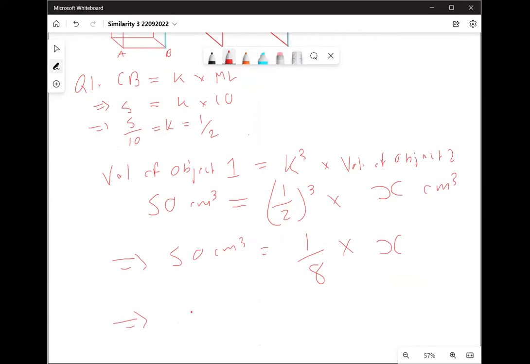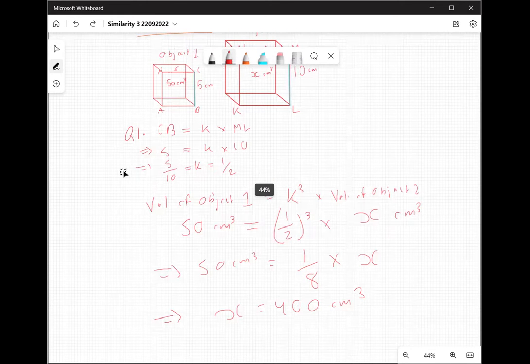So Zahra, tell me the answer. X, quick. It is how much? 400 centimeter cube. Mark, is that your answer?